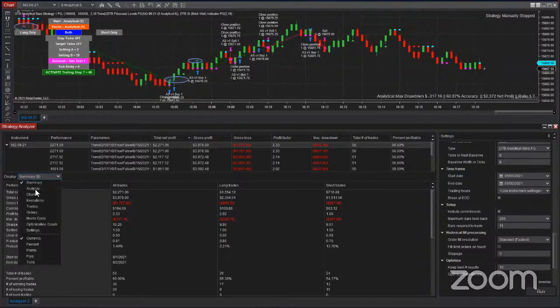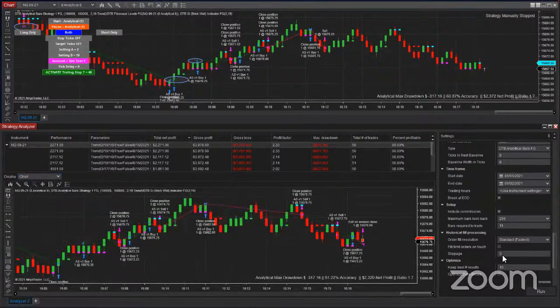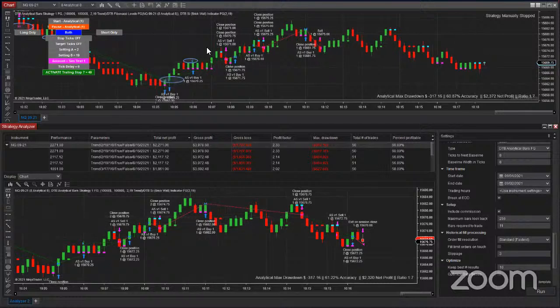If I had run the strategy analyzer and I had 0 slippage in here, it's going to give me absolutely fantastic results. But if you apply that to the trading chart, you're not going to get those results because you will have slippage and you will have a difference in the bid and the ask. So that's why when you're running the analyzer, it's matching the chart because we've applied the right slippage.